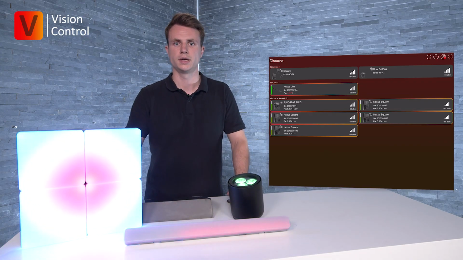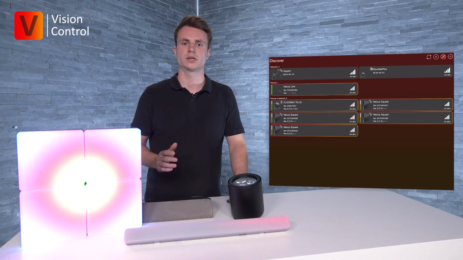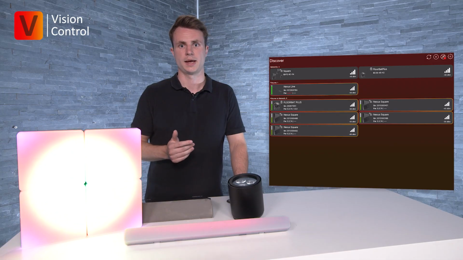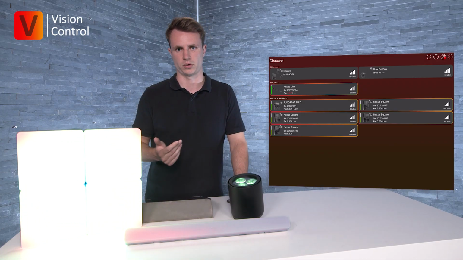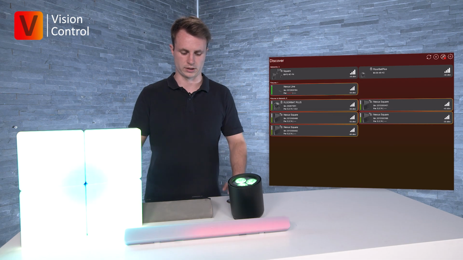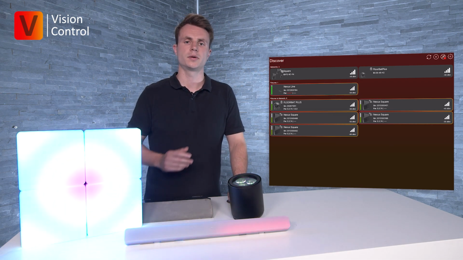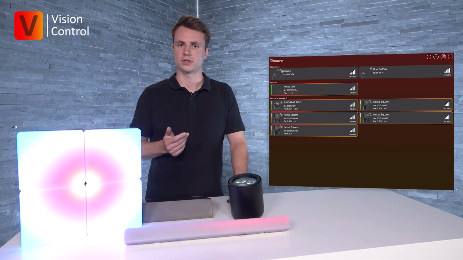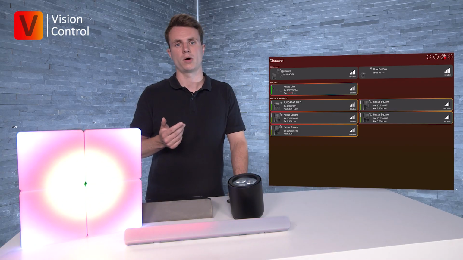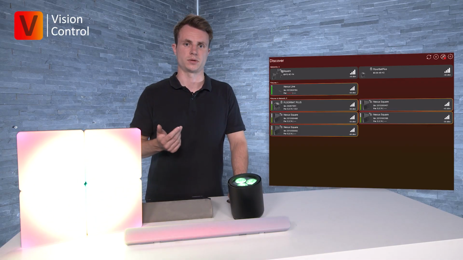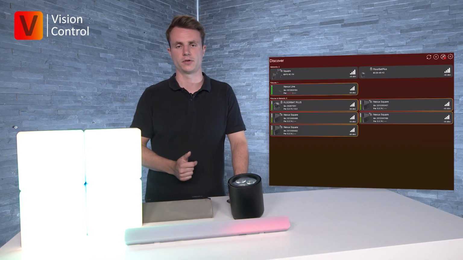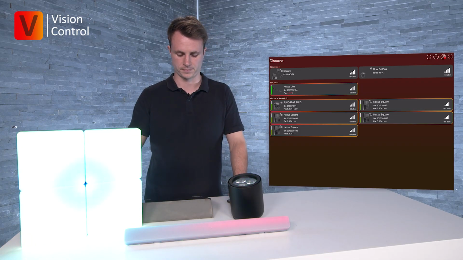A closed lock indicates that this network is protected by a password and you have never entered this password, so to connect you need to enter it. And an open lock either means that the network is not protected by a password at all, or you have already entered the password. So you just need to click on the frame to connect to this network.